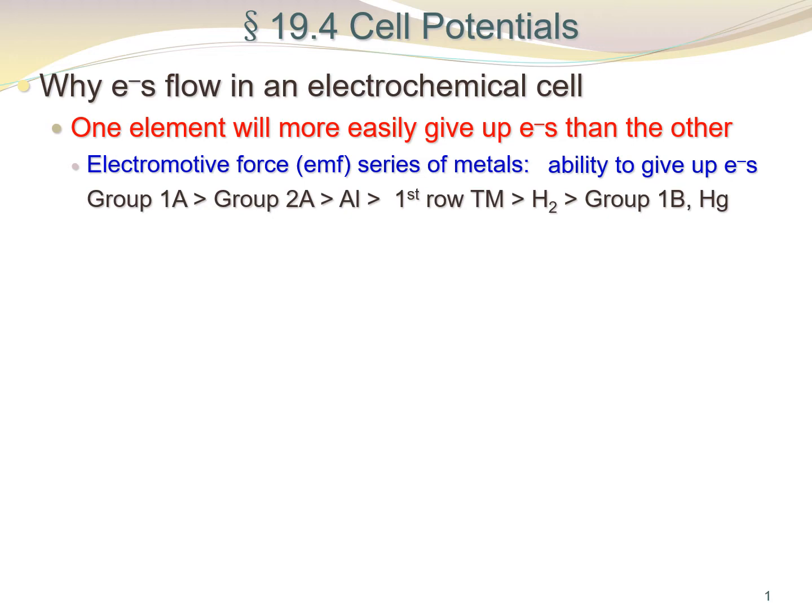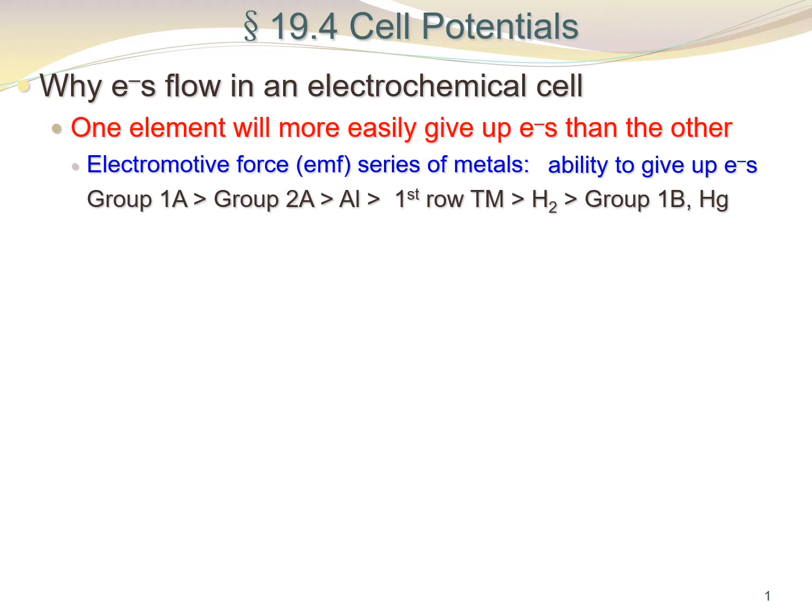They found that elements in group 1A in general have more electromotive force than elements in group 2A. Aluminum comes in third place, followed by the first row of transition metals, excluding, of course, copper.